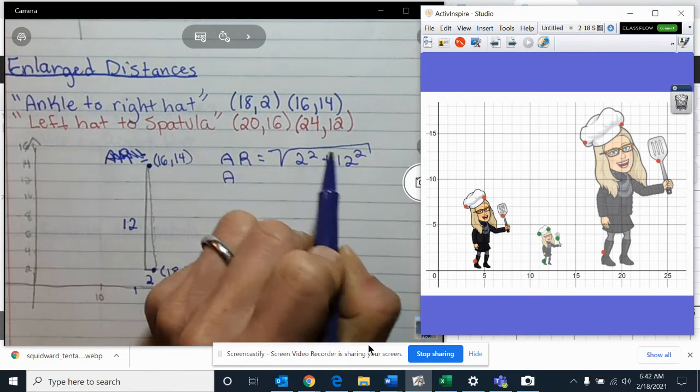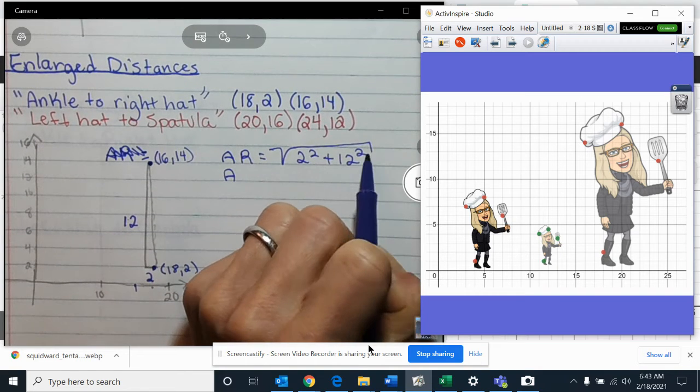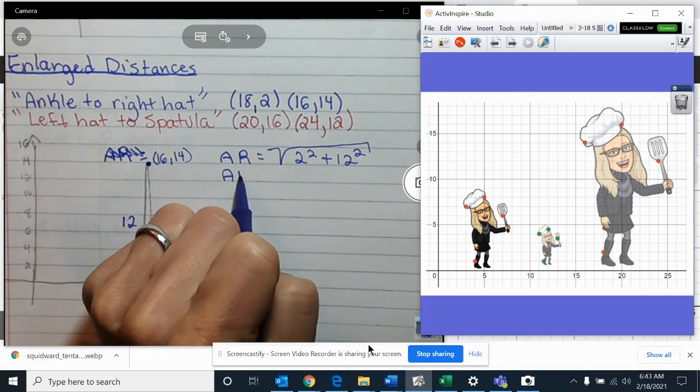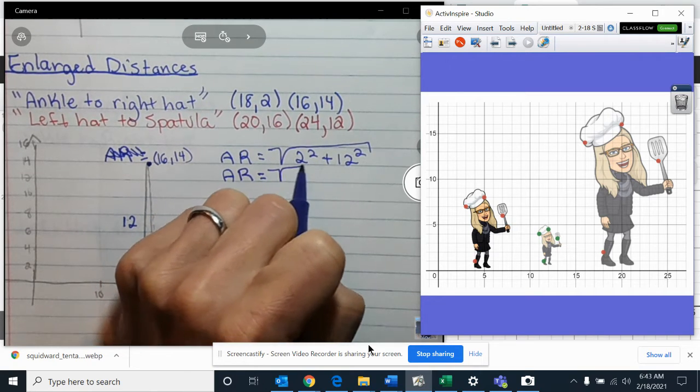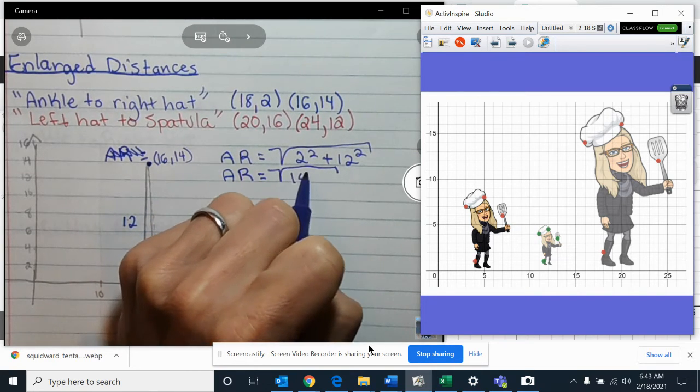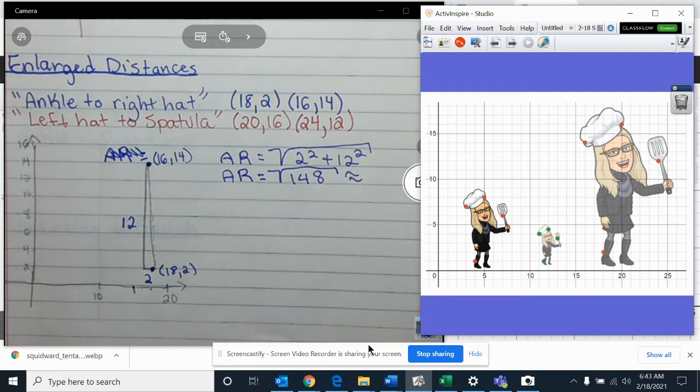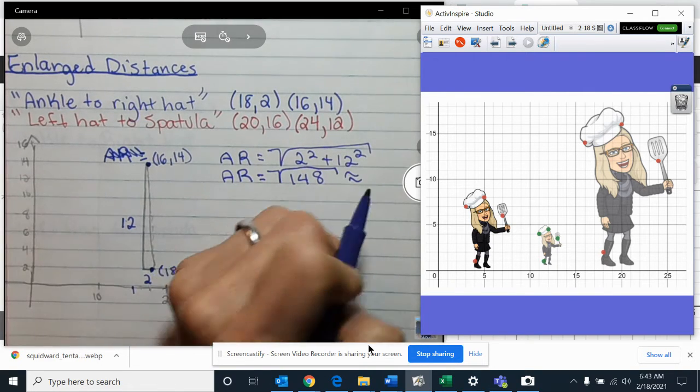And then 2 squared is 4, 12 squared is 144. So that becomes the square root of 148, which is about 12.2.